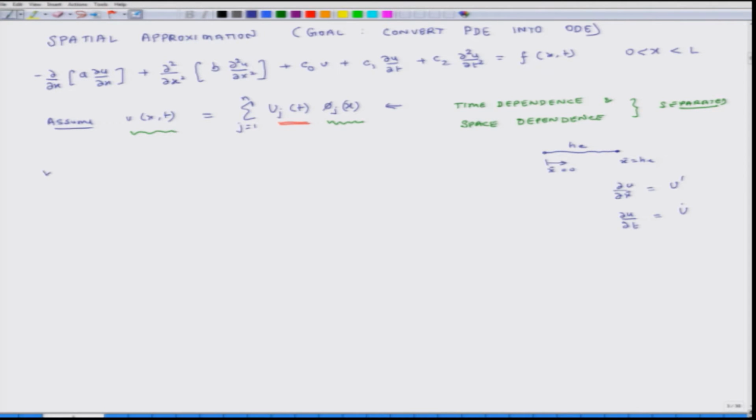So, we are going to equate the weighted residue to 0.